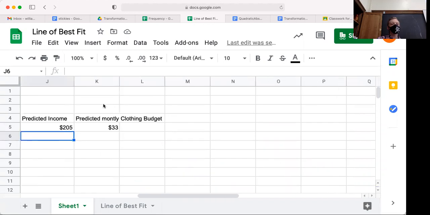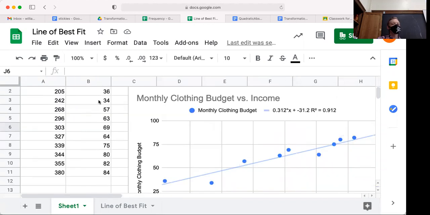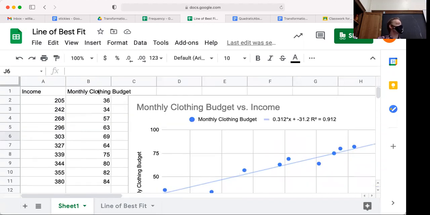We had 33 as a result here rather than 36. And those two numbers are relatively close. That's what we should expect. We shouldn't expect that our prediction equation is giving us answers that are 100% accurate. That's never going to be the case. But what it does is give us something that's relatively close.